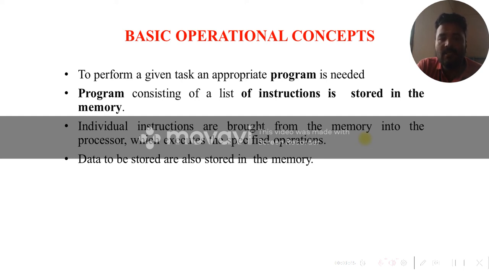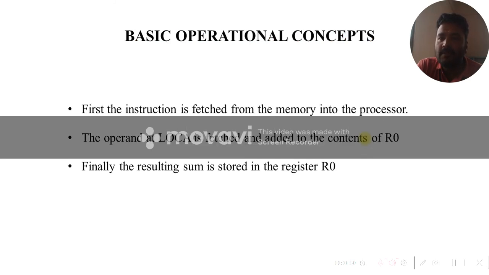So the data must be stored and the stored data should be retrieved from that particular memory location. So this is the basics about the operational concepts. For performing these operations, we have to segregate the instructions into separate ones. First, the instruction is fetched from the memory into the processor. Okay, so the operand at a particular location, for example, I have specified here by mnemonic notation as LOCA, is fetched and added to the content of R0.